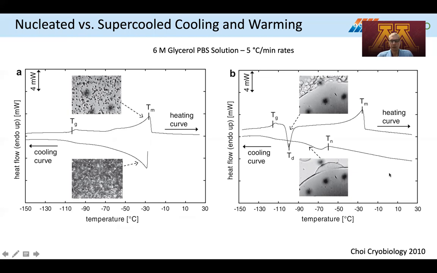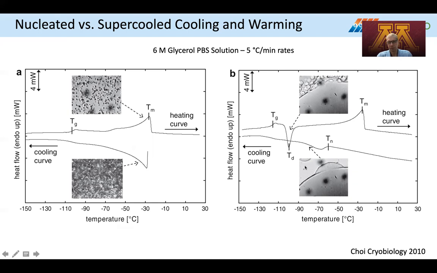If you do not nucleate your solution to start with, you're going to supercool, and you'll have a nucleation event at a much lower temperature, and it will be incomplete. So rather than having a fully nucleated solution, you're going to have a partially nucleated solution. As you come back, you're going to pass through the glass transition temperature, and then you get a massive devitrification peak.